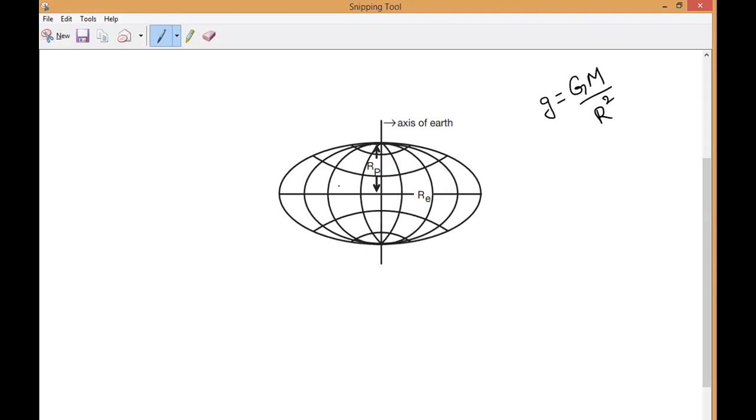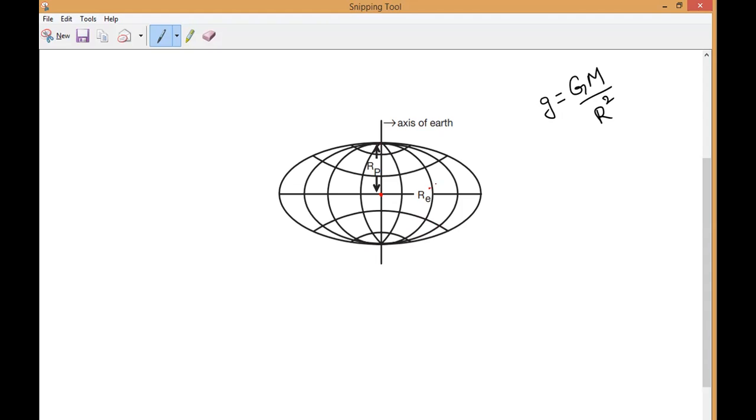Okay. Now this is the diagram. Have you noticed it? This is the center. Now where you are feeling the bigger radius? So this is the equator and this is the poles. Now where do you feel the bigger radius? At the equator or at the poles?